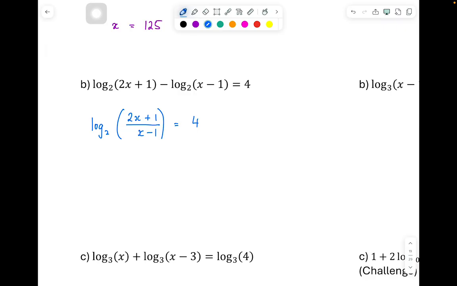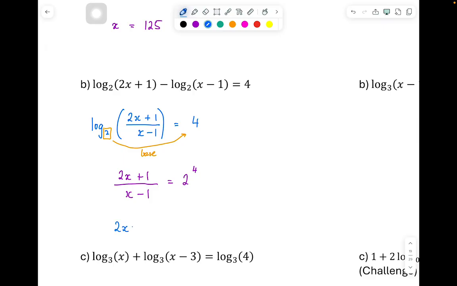Now that there is only one log, we can shift this log base 2 to the other side. And yes, it retains its base. So on the left-hand side now, the log has been released and we end up with a base of 2 to the power of 4.